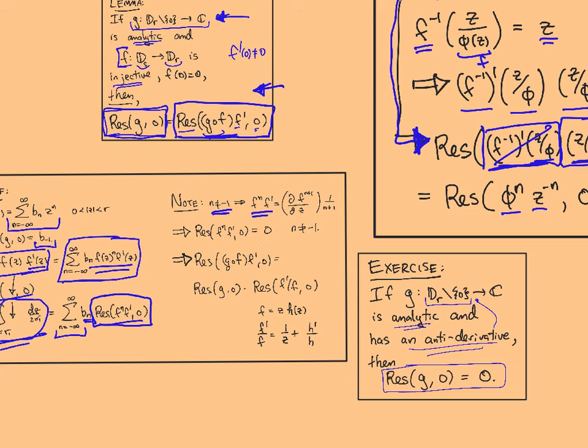Because I can just write the antiderivative is f to the n plus 1 over n plus 1. So the residues of all of these terms when n is not minus 1 will be 0. So I can forget about all of this except for n equals minus 1.